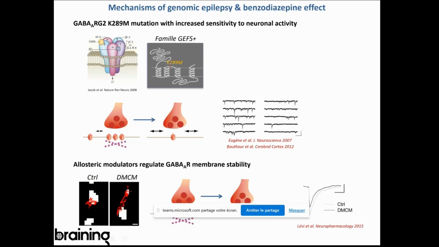And as you can see, a particular one actually increases the mobility of the receptor, which escapes the synapse faster. So that's what we showed. We showed that the first effect of benzodiazepine is to change the mobilization of the GABA A receptor at the synapse.